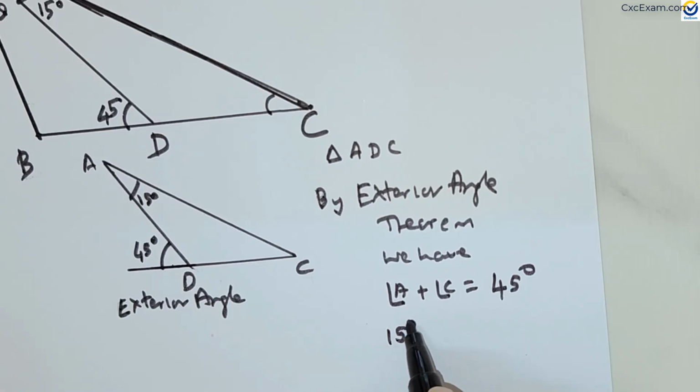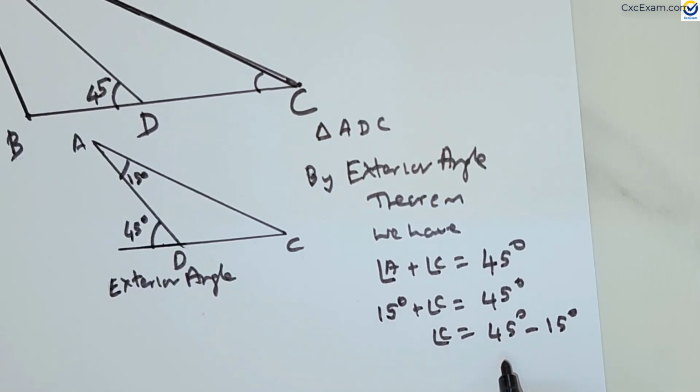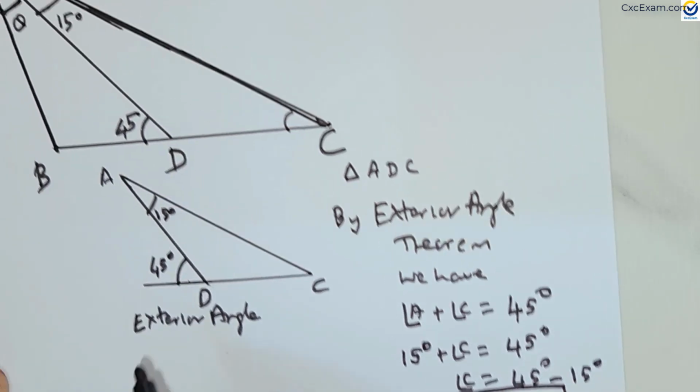Angle A is 15 degrees, angle C we are trying to get. So angle C is going to be 45 negative 15. That is going to give us 30 degrees. So angle C is 30 degrees.